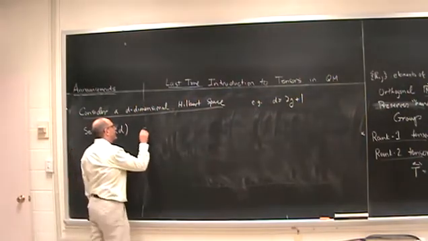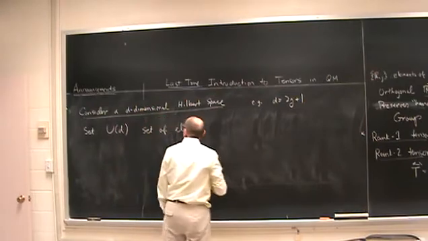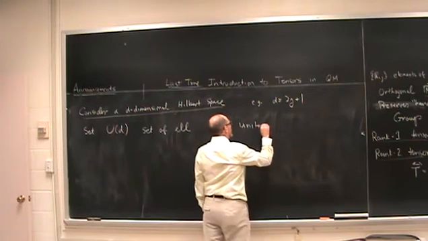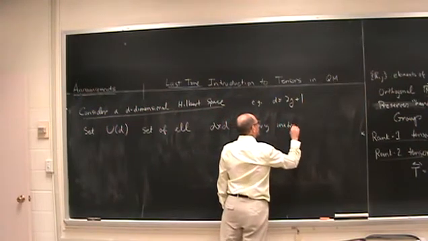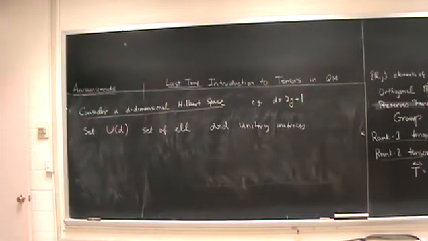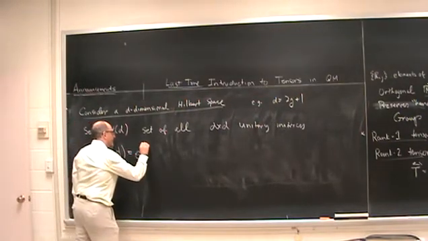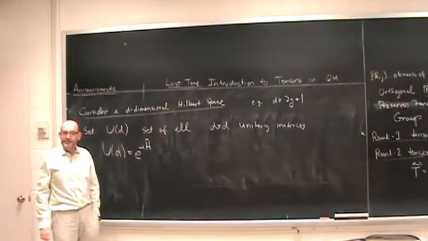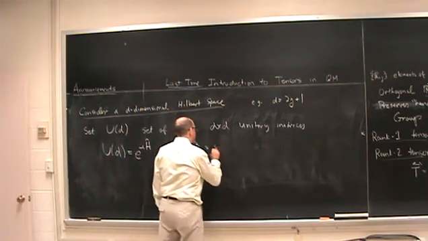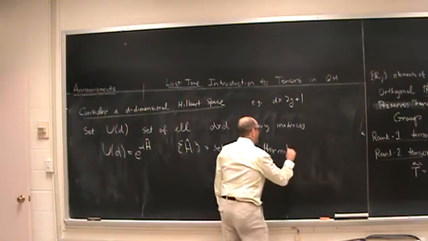This is the set of all D by D unitary matrices. Okay, I can consider that. And that set is a Lie algebra that is generated like this, where H is the set of all Hermitian matrices.